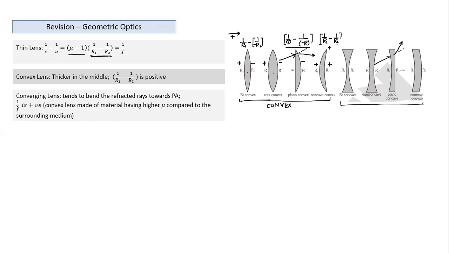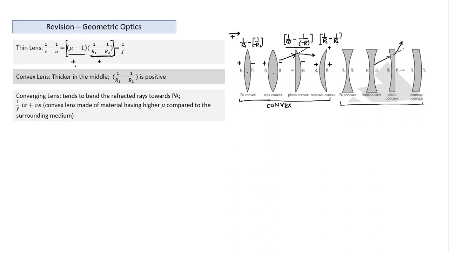And for that, this whole term needs to be positive. So what makes this term positive? Both are positive. What makes both positive, this term as well as this term? This term depends on the geometry, and this term depends on the medium in which the lens is placed. So if it is placed in air, of course, this will always be positive.